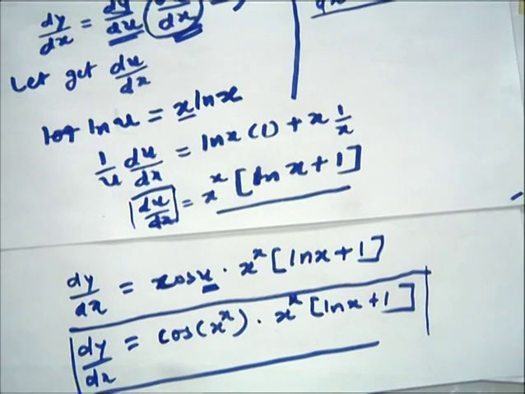This is an example of a composite function, where one function is sin x and the other is a function that has a variable base and variable power.